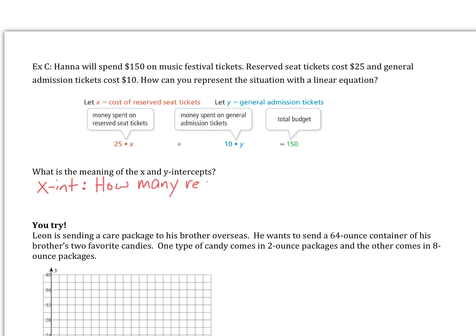reserved seats she can get for $150. And I'm going to put in parentheses to remind myself, no general admission tickets.